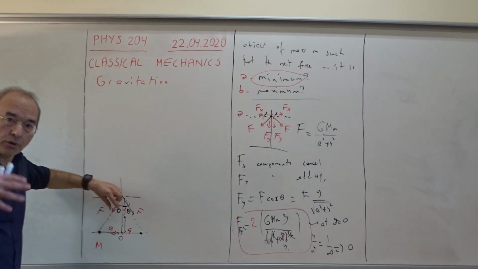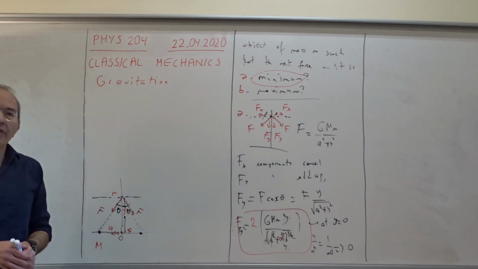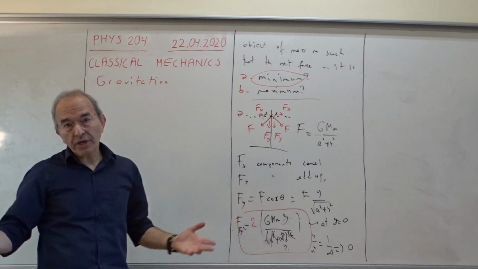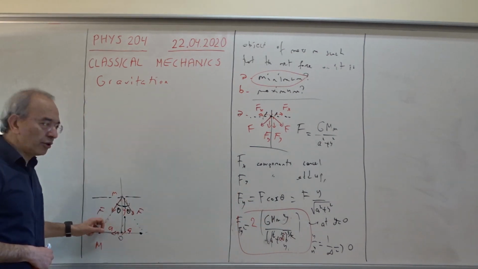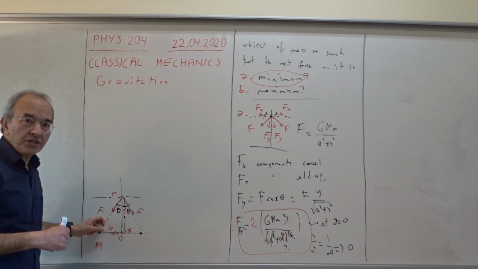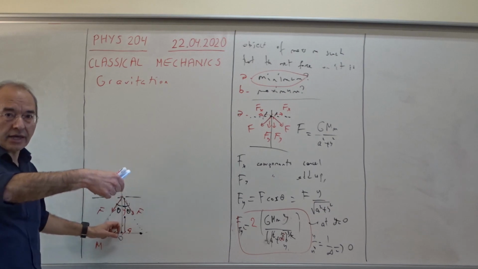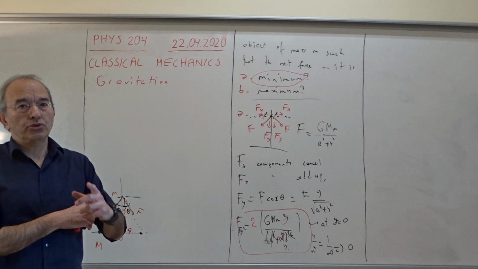This force, if you want to maximize it by playing with this variable y, has to be maximum. So we have to take the derivative of force. We have to differentiate this quantity that we have to maximize with respect to the variable that we can change, and set immediately that derivative to 0 and find the possible solutions.